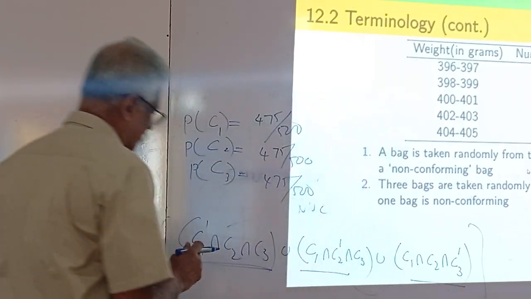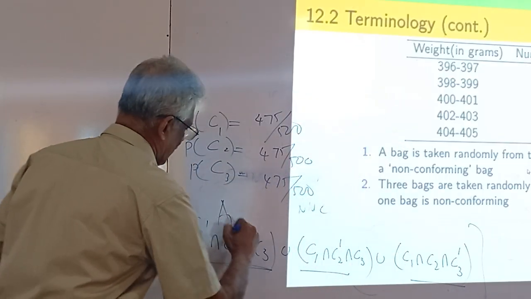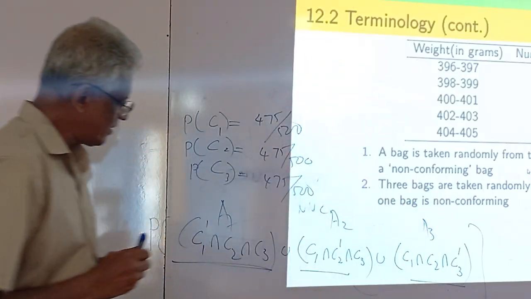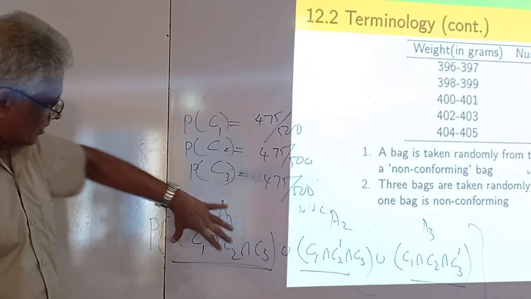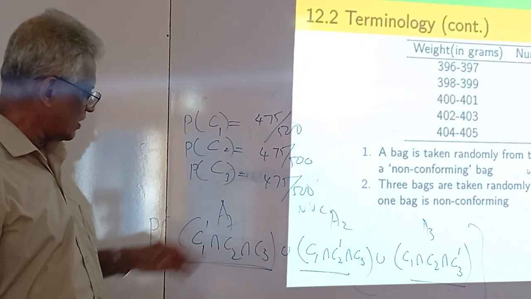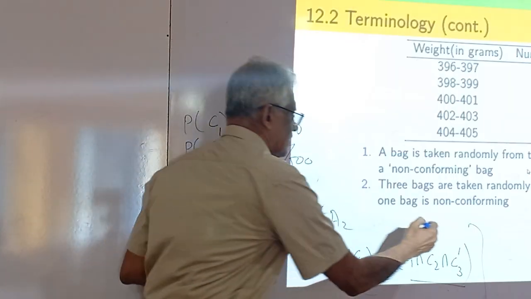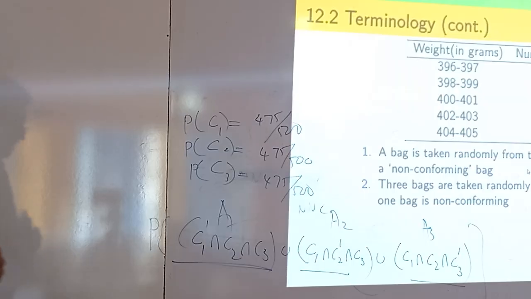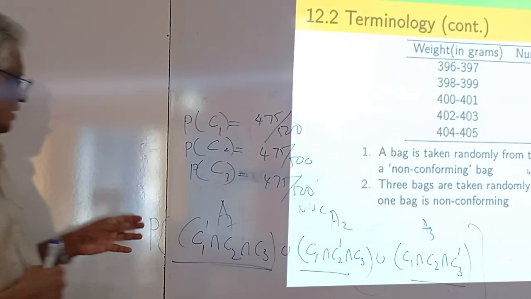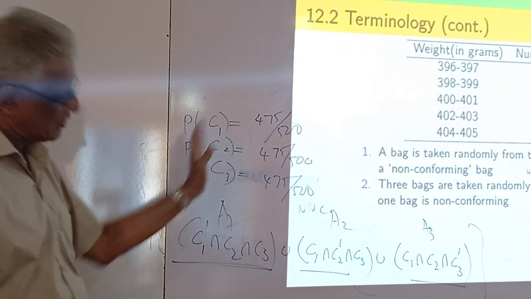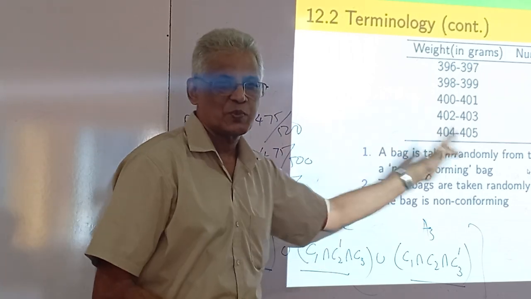Now these are three events, for example A1, A2, A3. What we are interested in is A1 union A2 union A3. There is a probability rule saying that the probability of this whole thing is equal to the probability of A1 plus the probability of A2 plus the probability of A3.